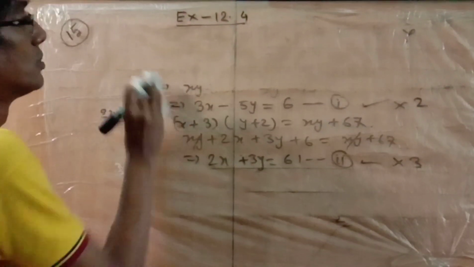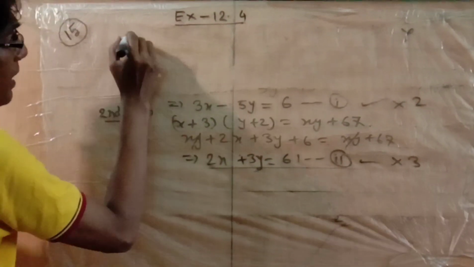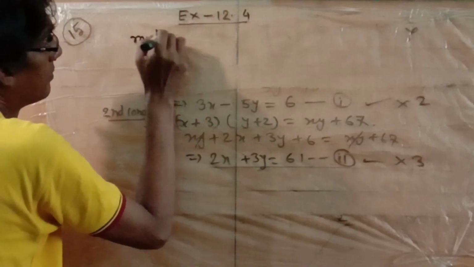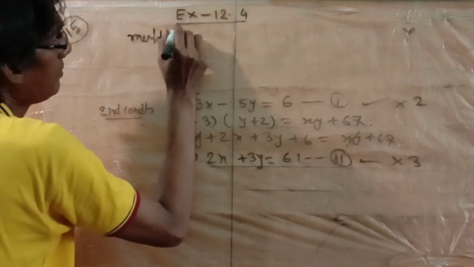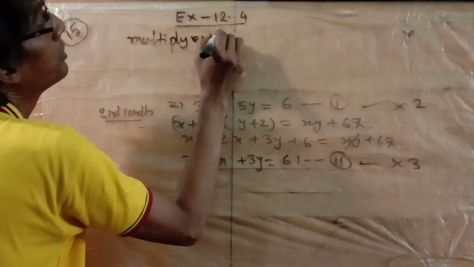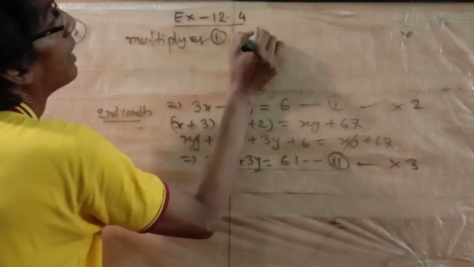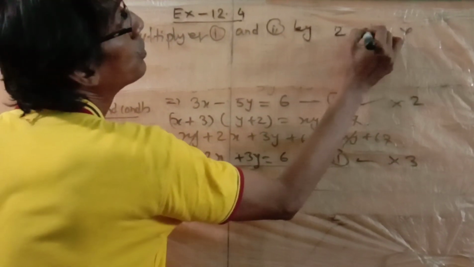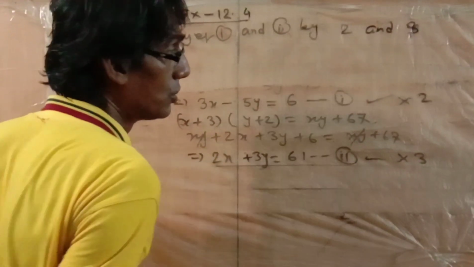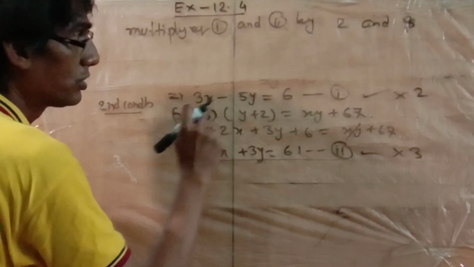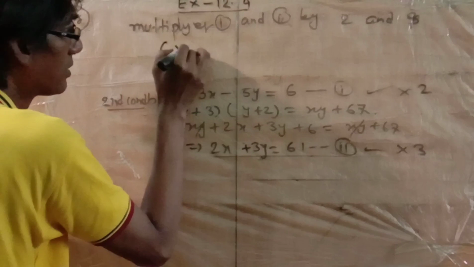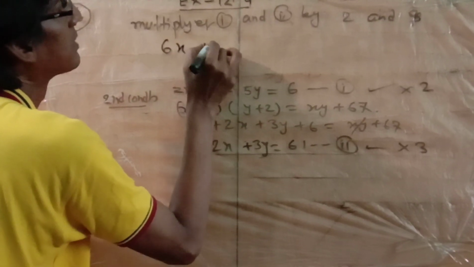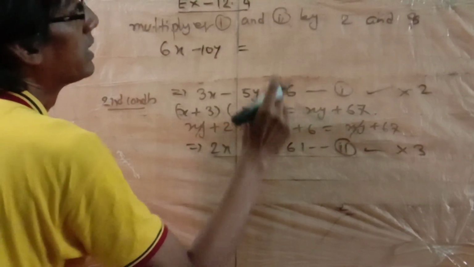Multiplying, 2 times 3x is 6x, minus 10y equal to 12.